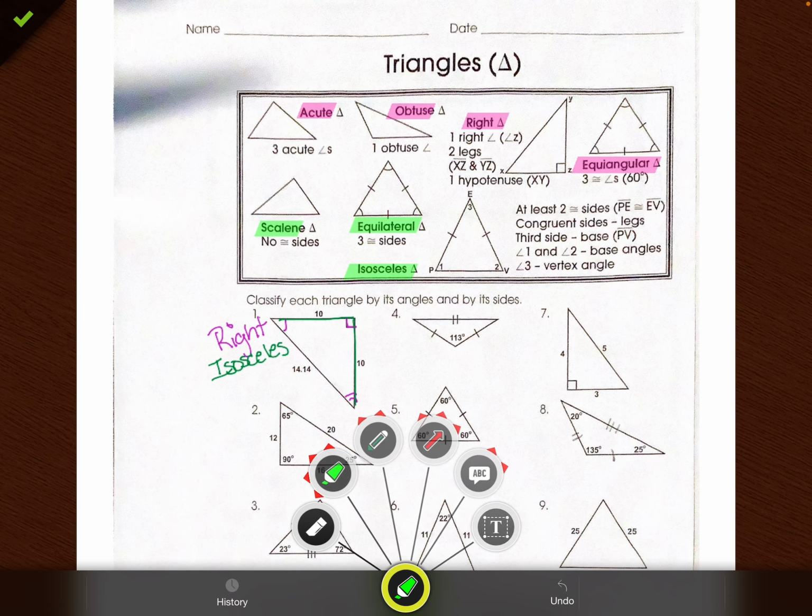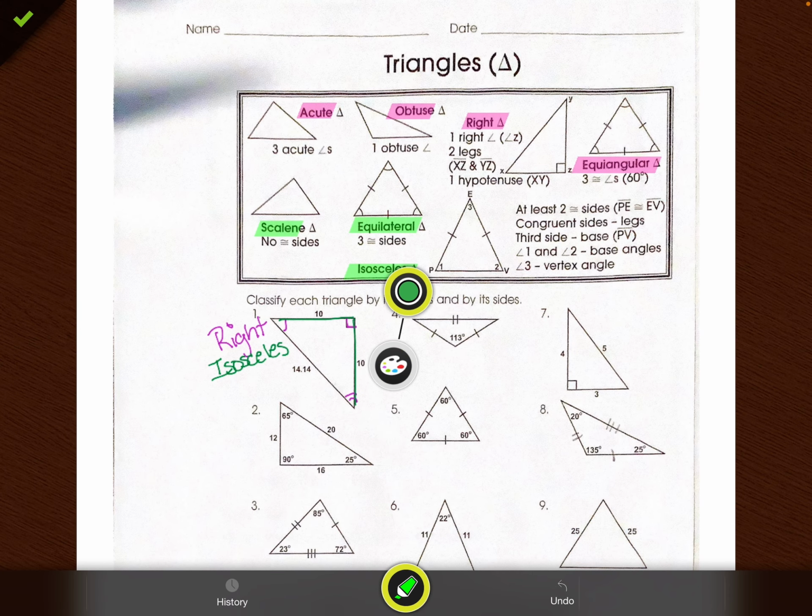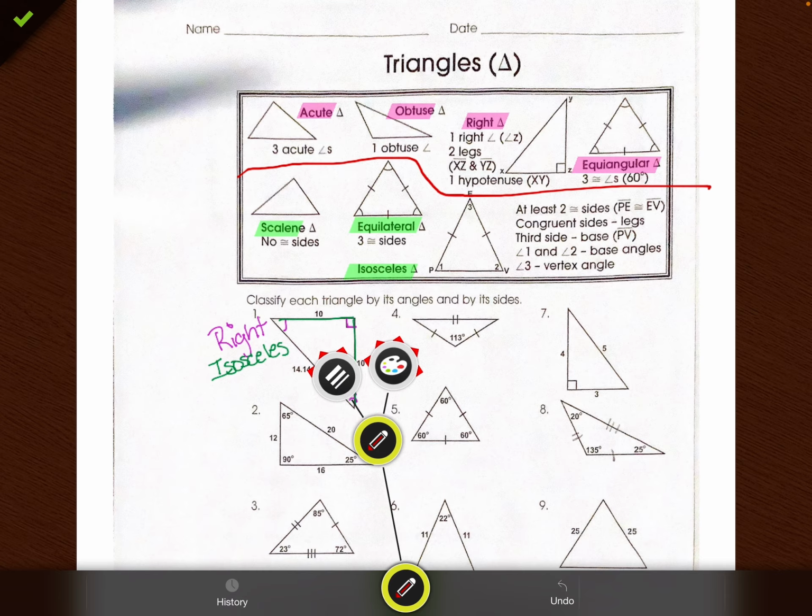Make sure you understand that, because sometimes we have people that want to tell us, oh, it's a right obtuse. You're going to pick one word, and I'm just going to draw a line here. One word from the top four and one word from the bottom three. So one word from the pink and one word from what I highlighted green.